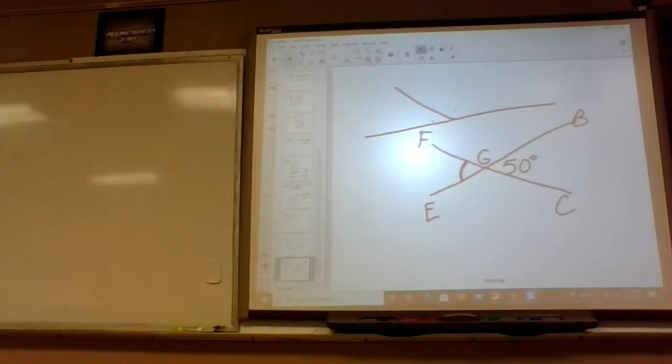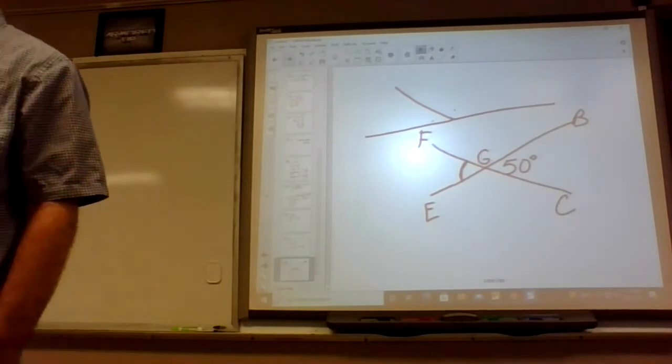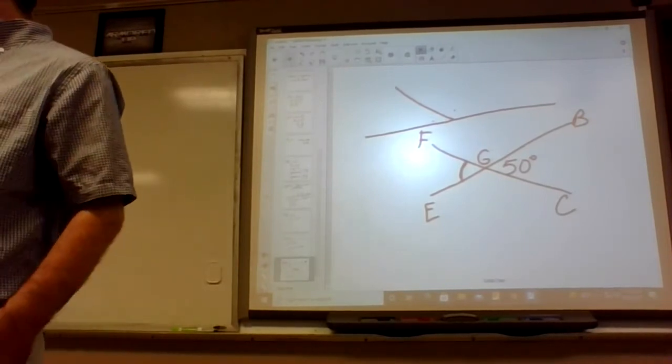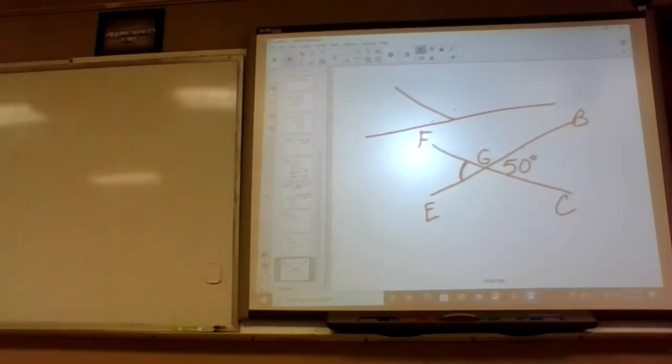Okay, 12, I'm not going to go through this, but 12 says classify each angle. What do you think they mean by classify? Acute, obtuse, right, straight, those kinds of angles. 13: if you forgot these properties, you might have to turn back to page 79 to see what they say. It says write a statement to illustrate each property.